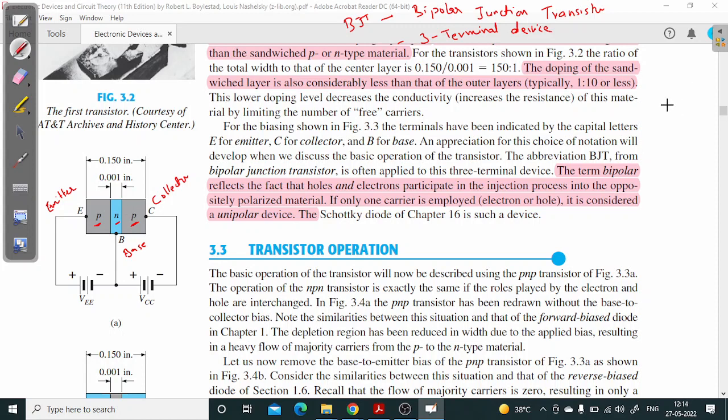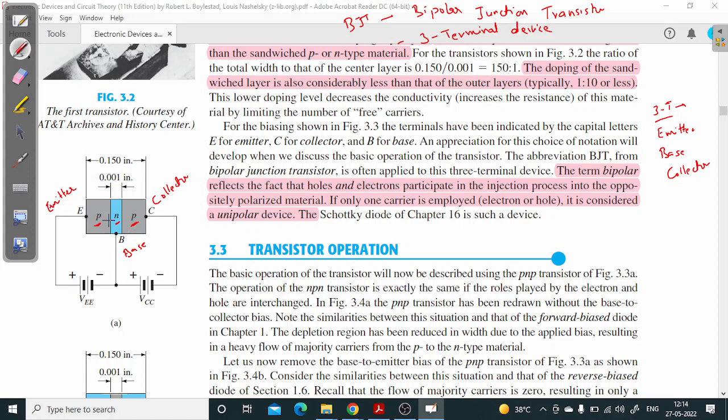Emitter, base, and collector. E for emitter, B for base, and C for collector. And why are these called emitter, base, and collector? This will become clear as we go through the working of the BJT.